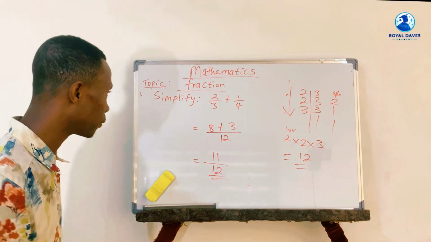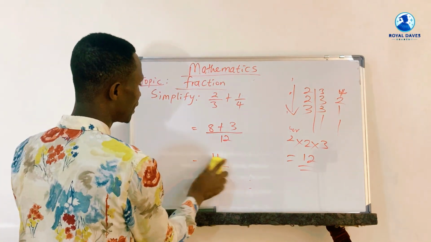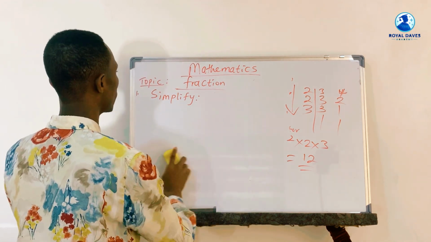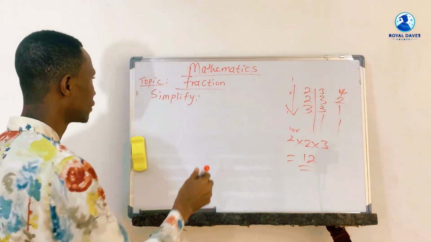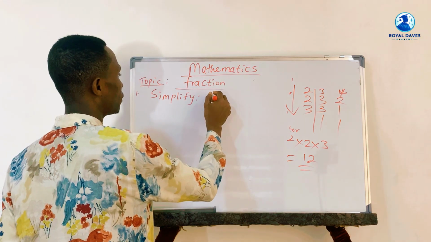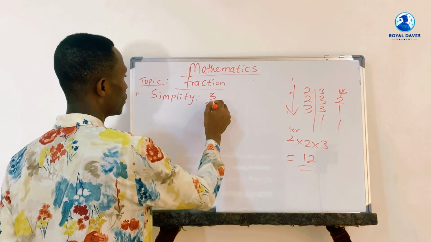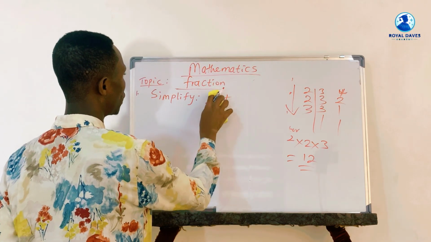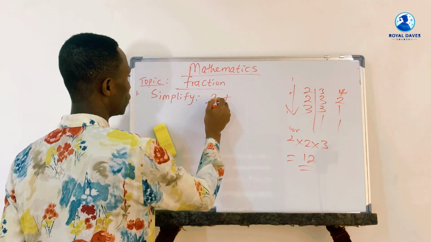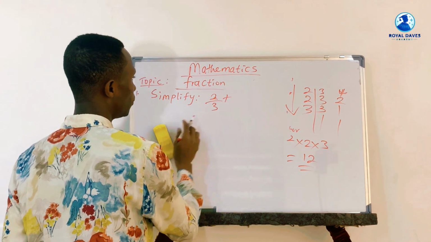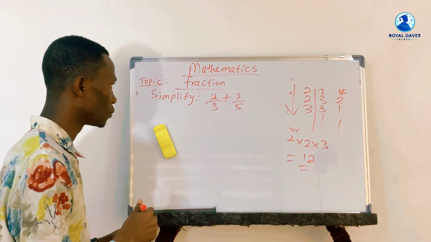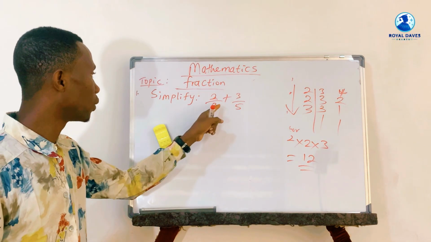So we'll take the next example. Let's take the next example. We have to simplify 2 over 3 plus 3 over 5.